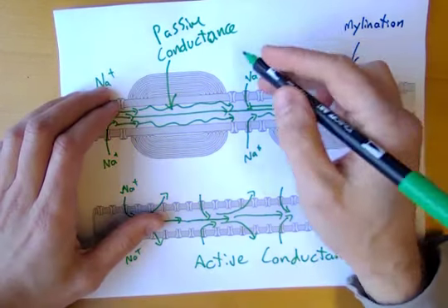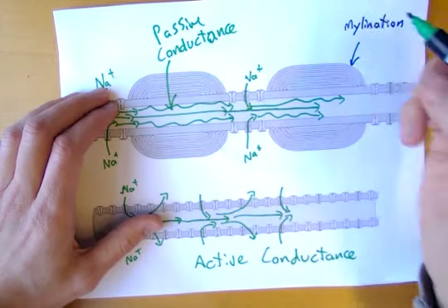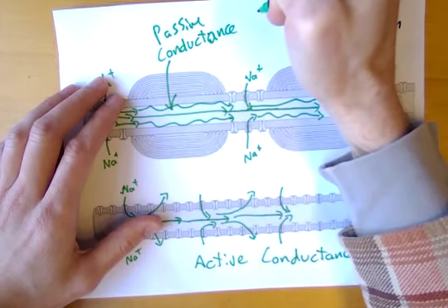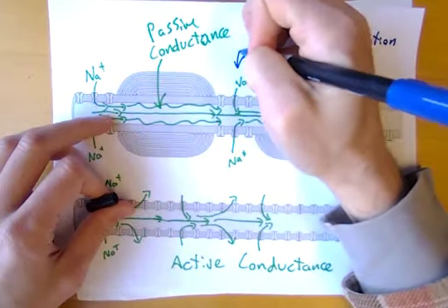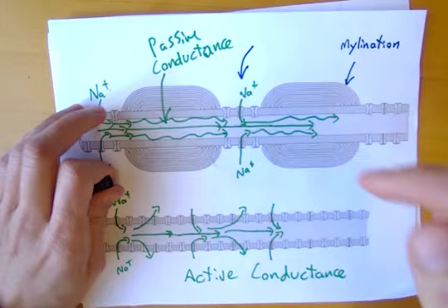And so these areas right here between our myelinated sheaths are called the nodes of Ranvier.